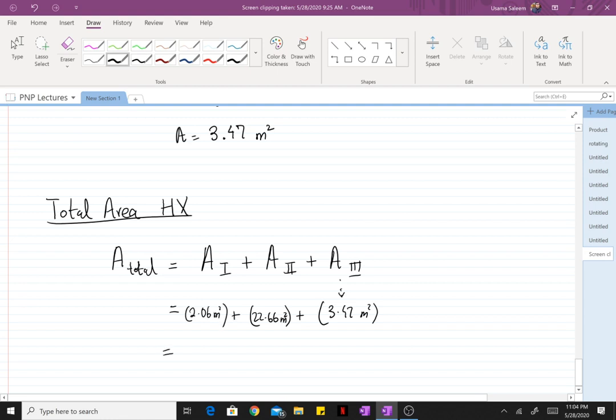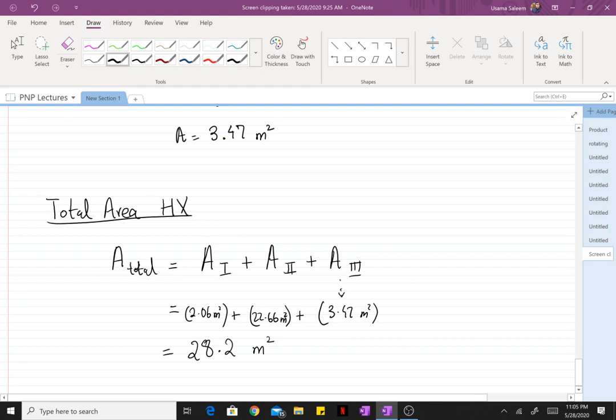If you add all of that up, it turns out to be a total heat exchanger area of 28.2 meters squared, correct to 1 decimal place.